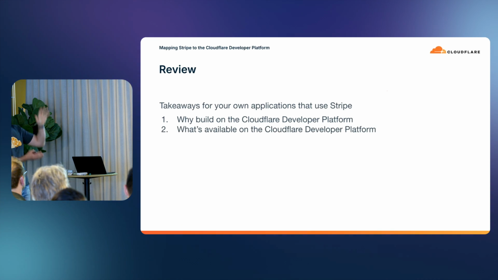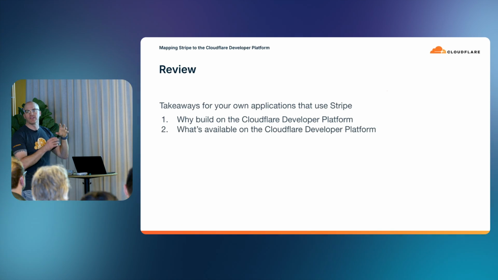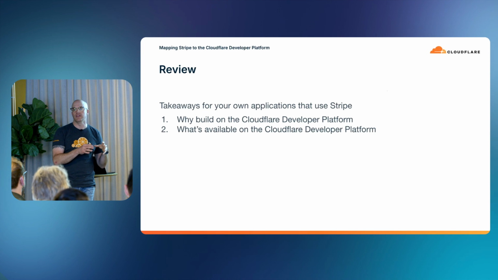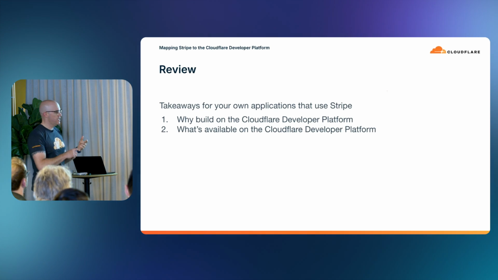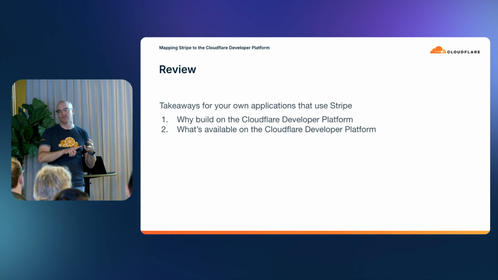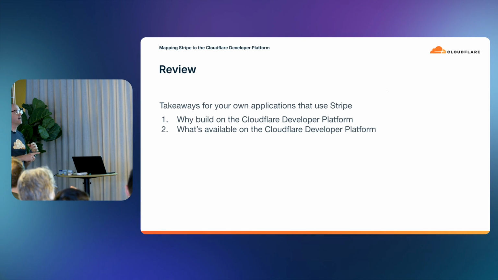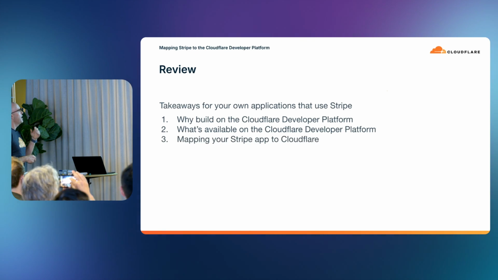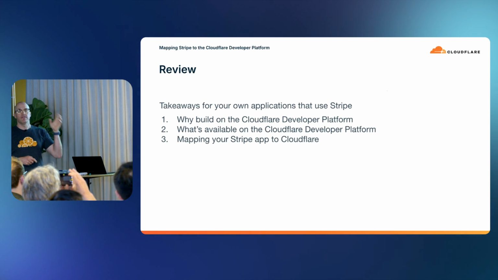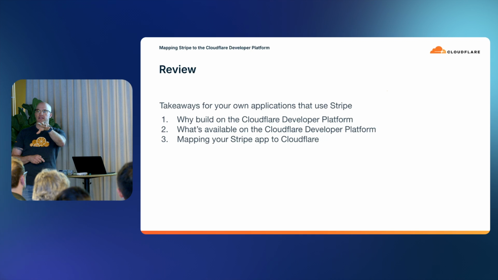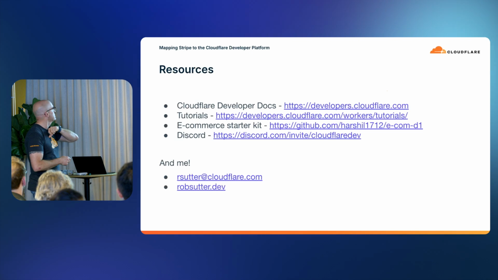What's available? Lots of big slides of things, but most importantly, the core functionality that you need for an e-commerce application in the compute primitives, the data storage primitives, the messaging primitives, and then add-on services like AI and media. And then a way to map a basic Stripe app to Cloudflare. I have given these slides to Ben, so if Ben is making the slides available, then you will have the slides.